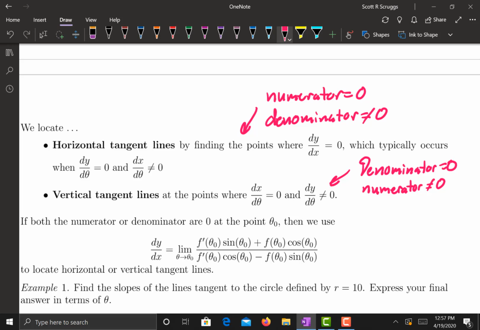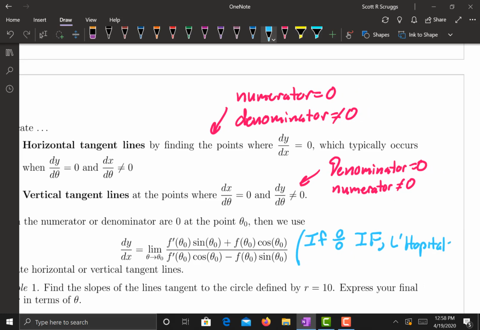I could take the limit as theta approaches that angle of the first derivative. And the reason why is because if I have a 0 over 0 indeterminate form, I could just use L'Hopital's Rule.